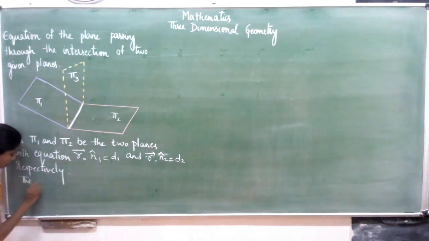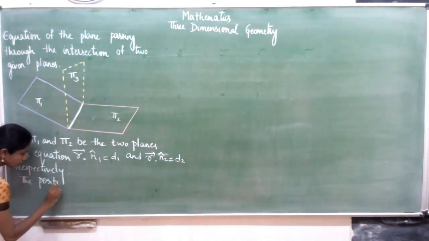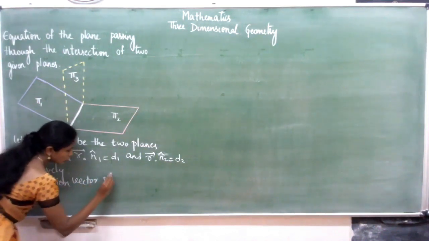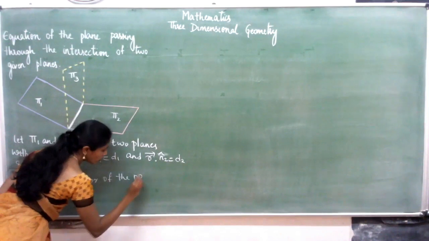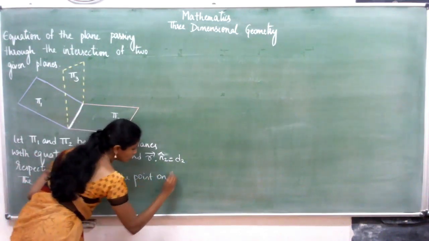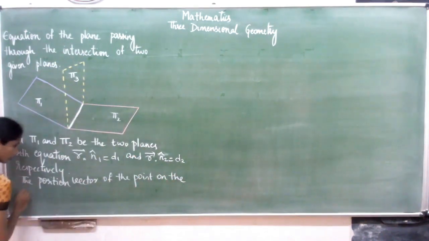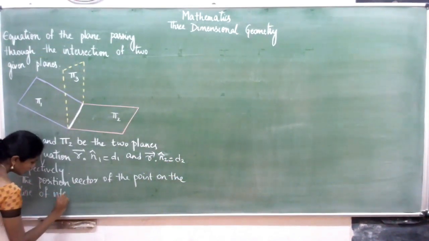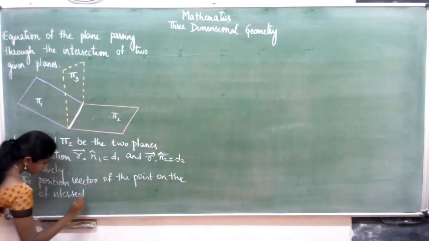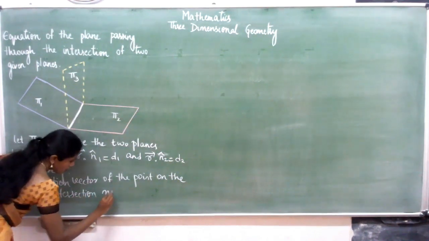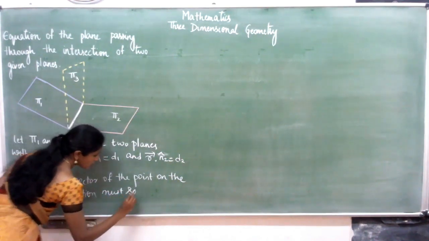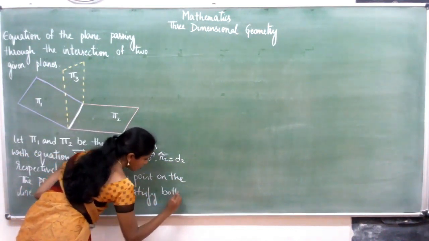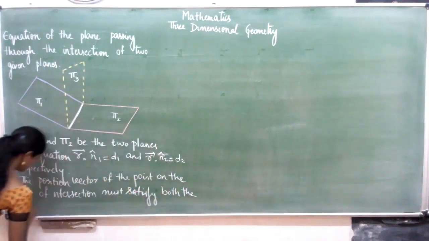Therefore, the position vector of the point on the line of intersection must satisfy both the equations.